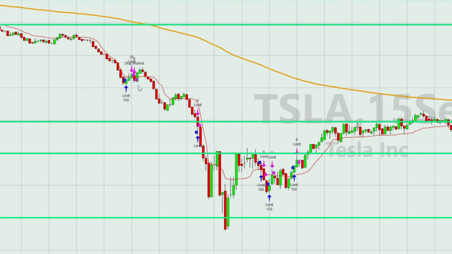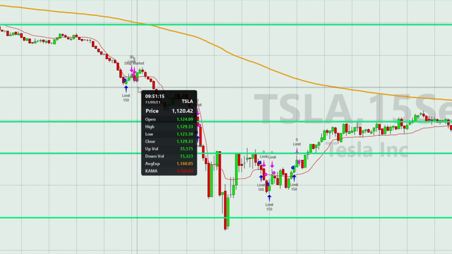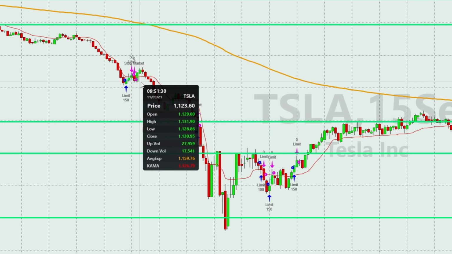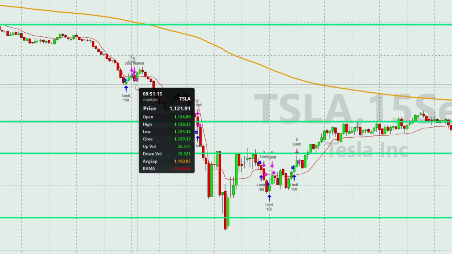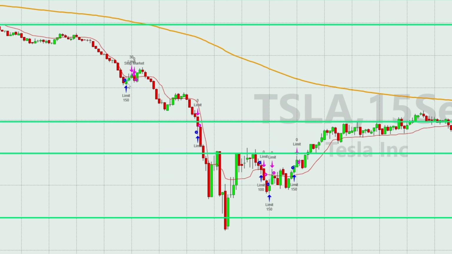And I wanted to exit above the 1130. So I lost here. I didn't lose on the exit because it was above my entry, but I missed another 150 bucks.